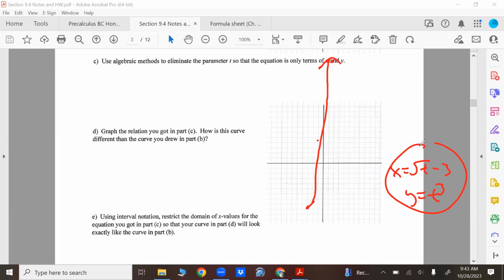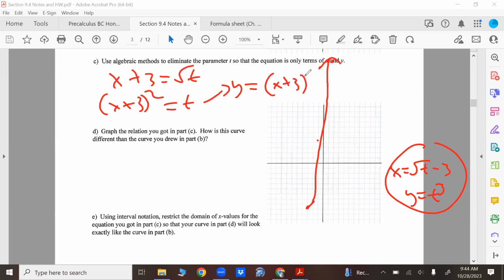That might make the most sense. So x plus 3 equals root t. t equals (x plus 3) squared. So y will be (x plus 3) squared, then cubed. So actually, it's not exponential, it's just a crazy polynomial. (x plus 3) raised to the 6th power. And yeah, that's what we got for that one.